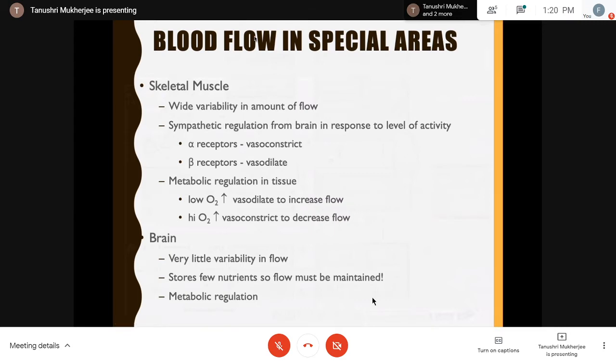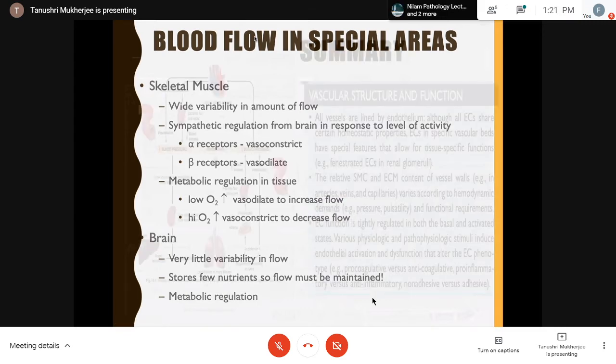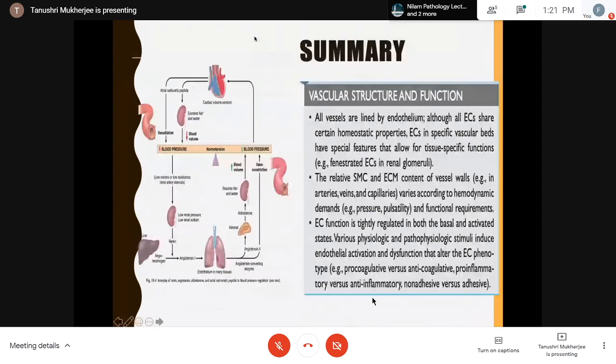So, vascular structure and function, to summarize, all vessels are lined by endothelium. Although all endothelial cells share certain homeostatic properties, endothelial cells in specific vascular beds have special features that allow for tissue-specific functions. The relative smooth muscle cell and extracellular matrix content of vessel walls varies according to the hemodynamic demands and functional requirements.